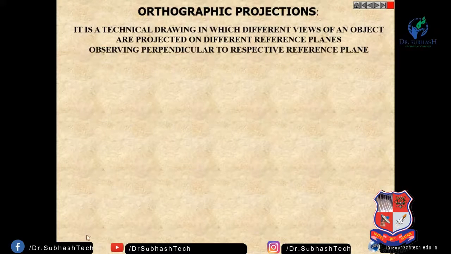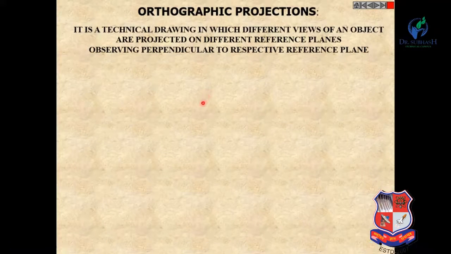That means if you want to draw the projections of an object, and the projections on the reference planes are perpendicular to those planes, then such projections are known as orthographic projections. So here we have to remember that orthographic means perpendicular. The projections are perpendicular to the respective reference planes.